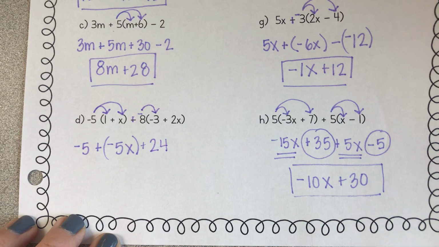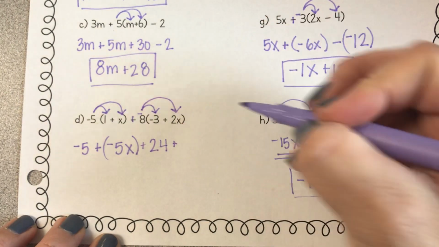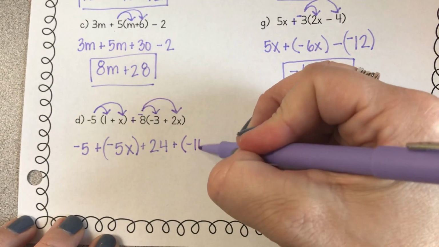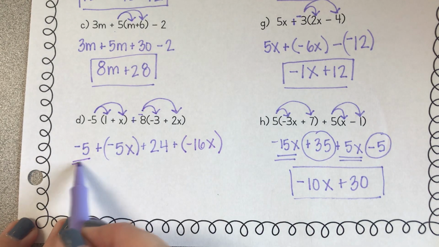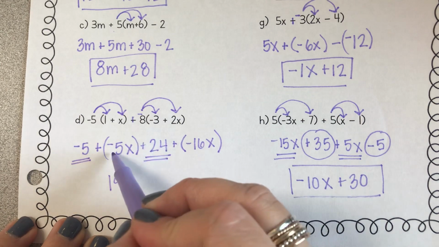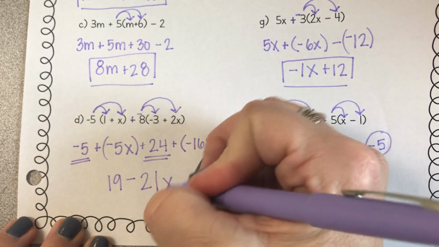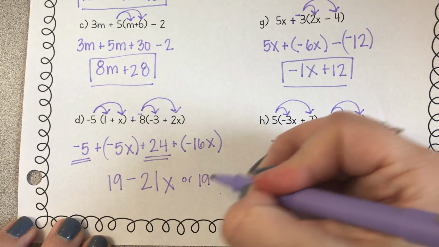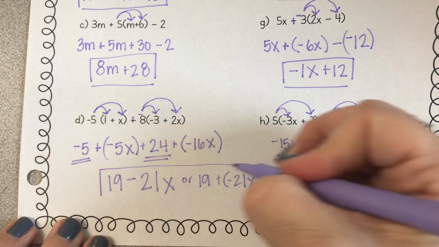Negative times negative. Plus negative 8 times 2x is negative 16x. So now negative 5 plus 24 is 19. Negative 5x plus negative 16x is negative 21x. So you could write it like that, or 19 plus negative 21x, whichever way you prefer.